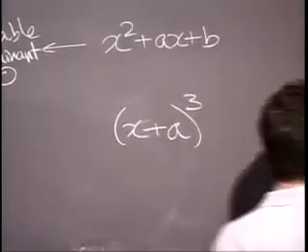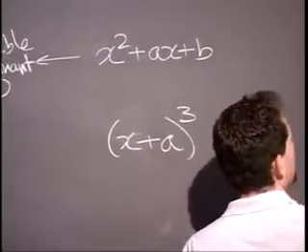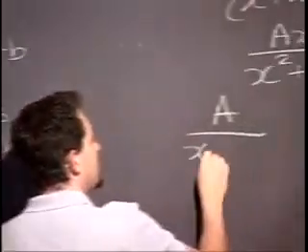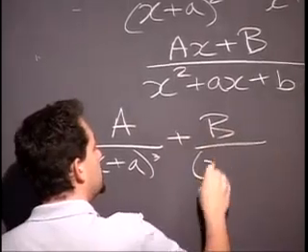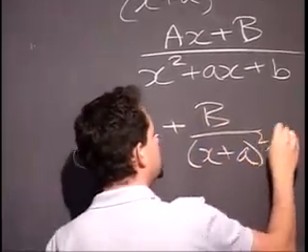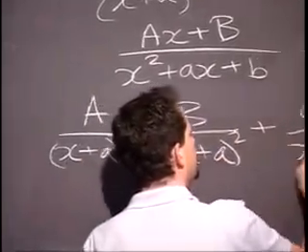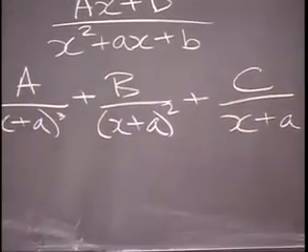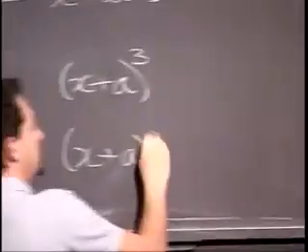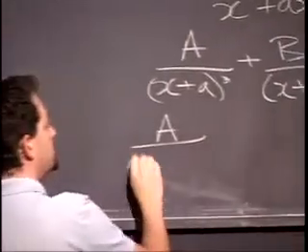That's just riffing on this one up here. You have a term a over x plus a all cubed plus b over x plus a all squared plus c over x plus a. And actually, if you had a fourth power, then you'd have 4 terms.